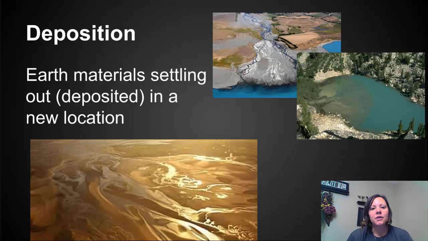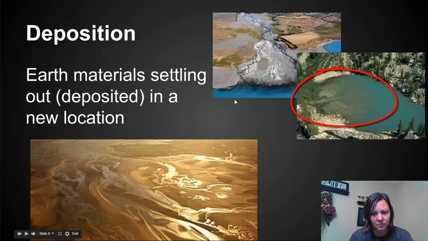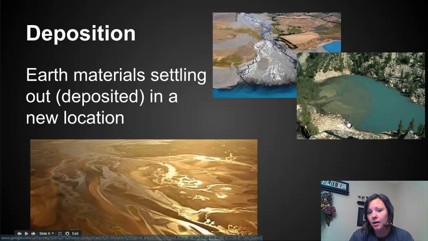Now, I want to make sure we understand that if that sediment is eroded away, it has to be deposited somewhere. That's what a delta is: the deposition of sediment at the mouth of a river as it goes into a basin. You can see here that we have a whole bunch of sediment that was being carried down by a stream and is being deposited into a lake.